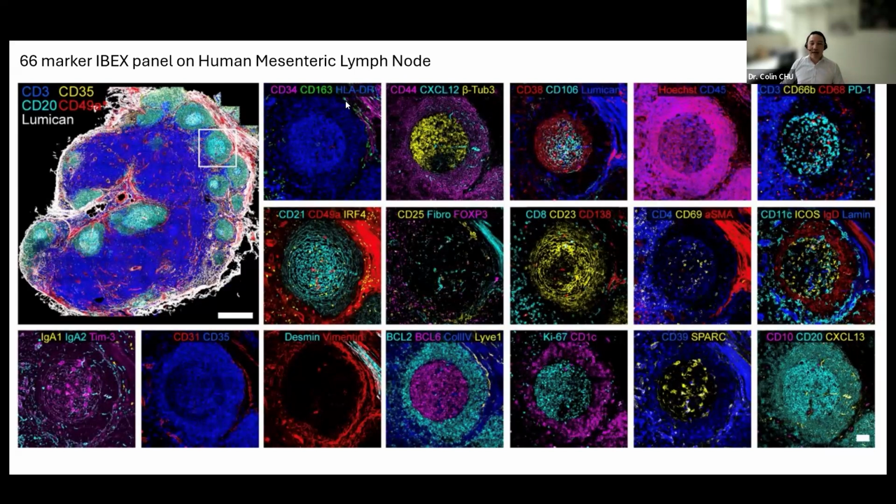And just zooming in on one follicle, you then realize the depth and richness of this data, because it's almost impossible to show all 66 markers simultaneously, but just showing 3 at a time. Hopefully, even just within one small follicle of a lymph node, you can appreciate the spatial data and complexity that would otherwise be missed just using more normal techniques.